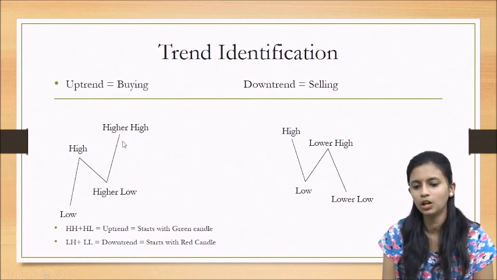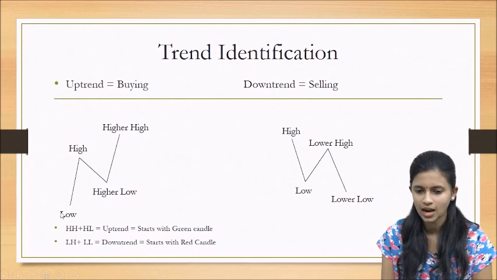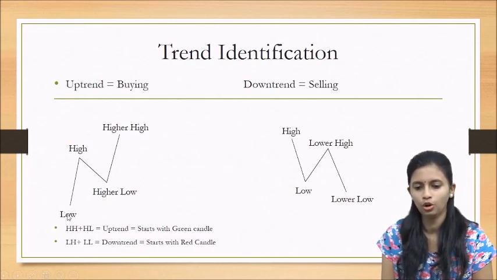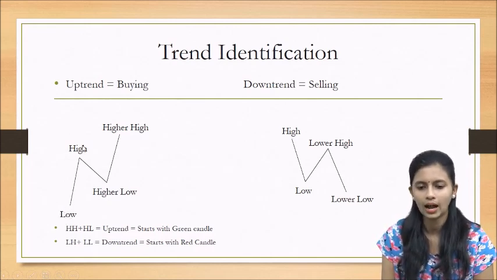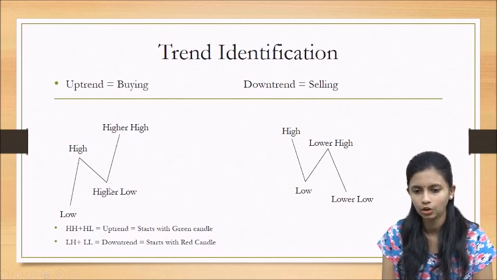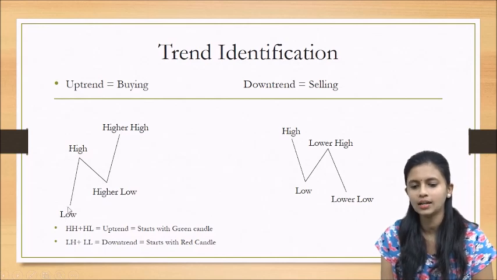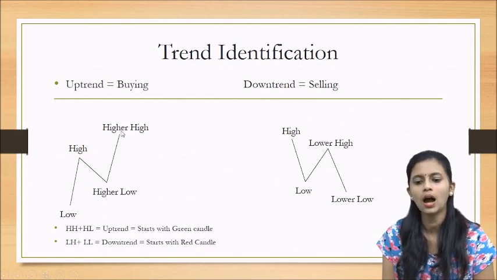Uptrend means a bullish movement, so your candle should start with green. So low, then you should get a high, then a higher low, then a higher high. So an uptrend should have higher high and higher low, and the candle should start with green. Then only you can say that a stock or index is doing an uptrend.